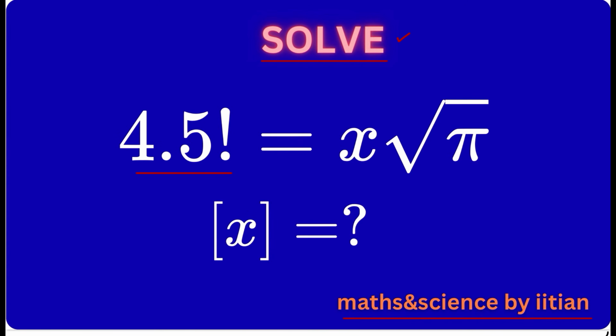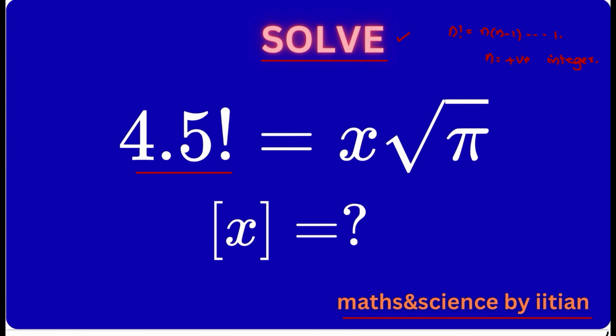We know that factorial of a positive integer n is n into n minus 1 into n minus 2 into n minus 3 up to 1. But here n is a positive integer.